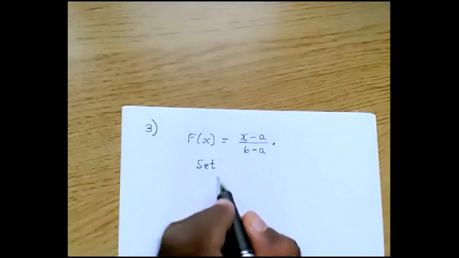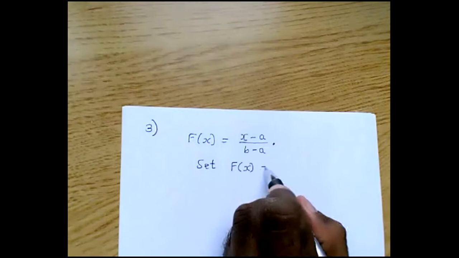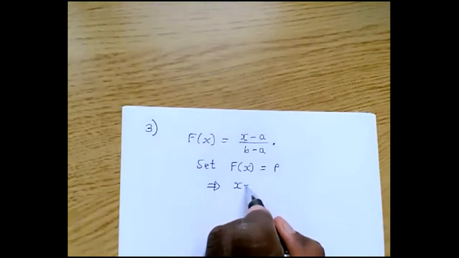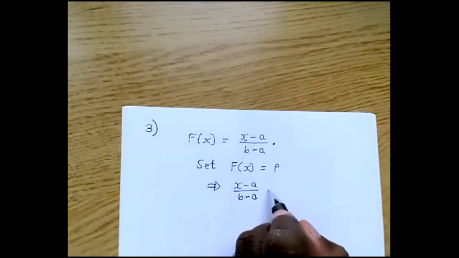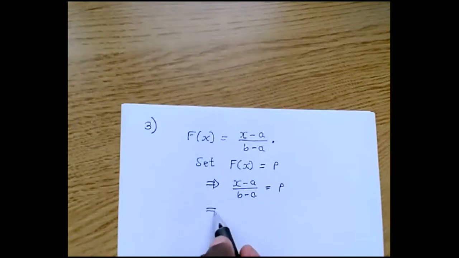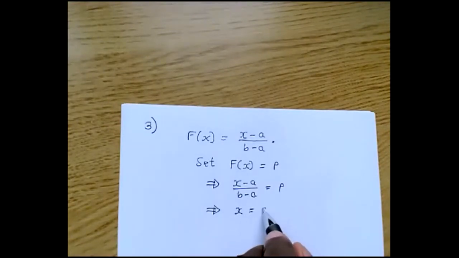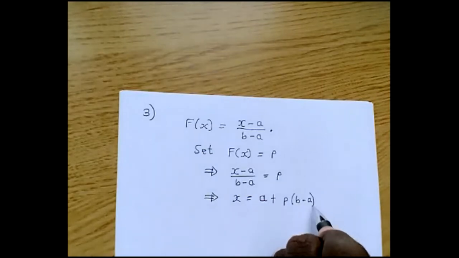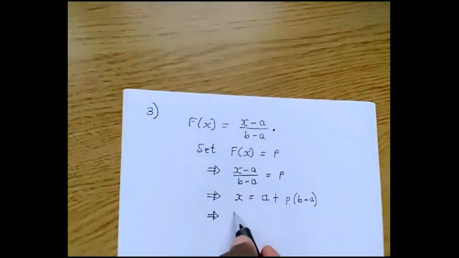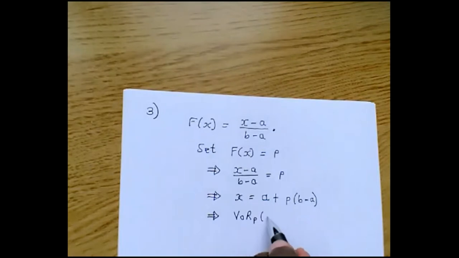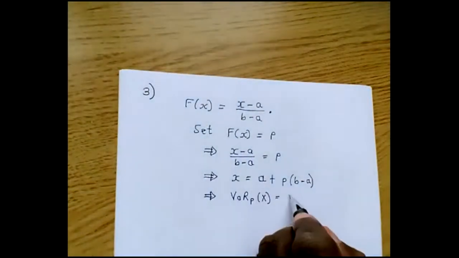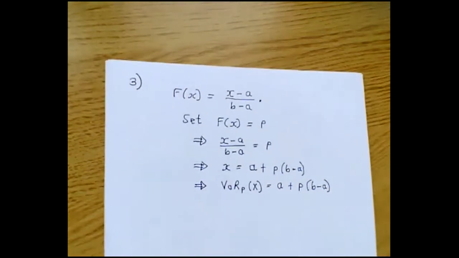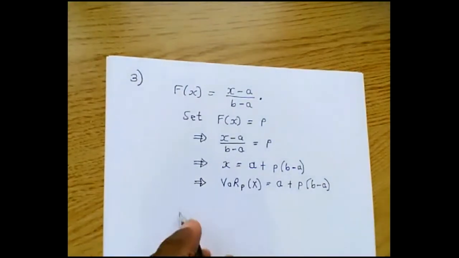So to find the VaR, you set the CDF equal to p, which implies that x is equal to A plus p times B minus A. And this implies that VaR is equal to A plus p times B minus A. All right, so this is the expression for VaR.